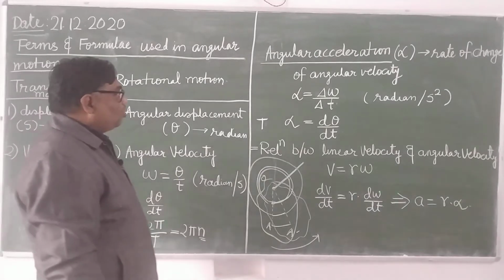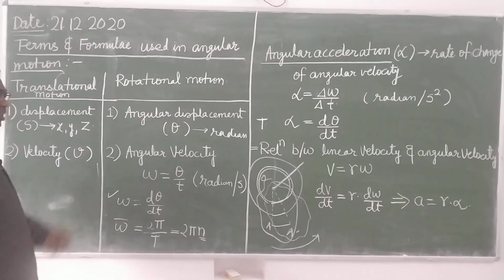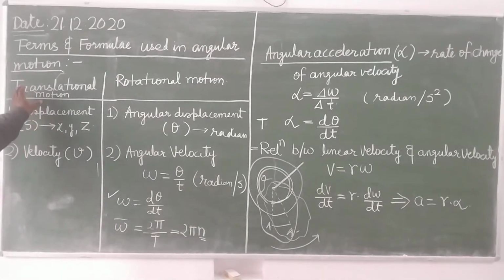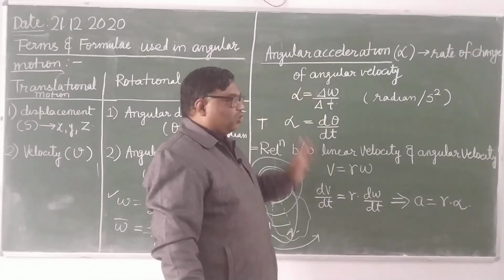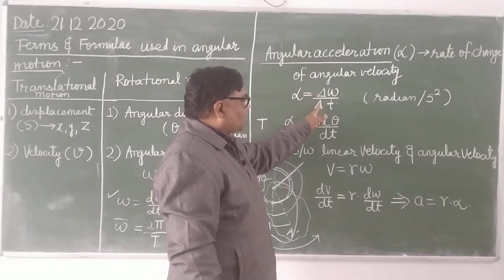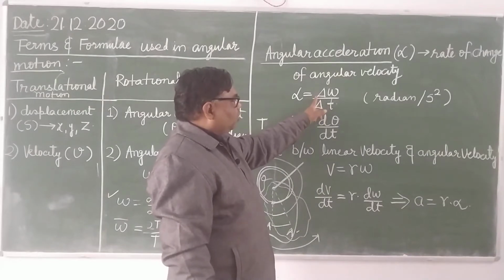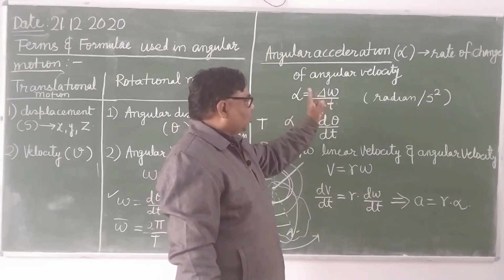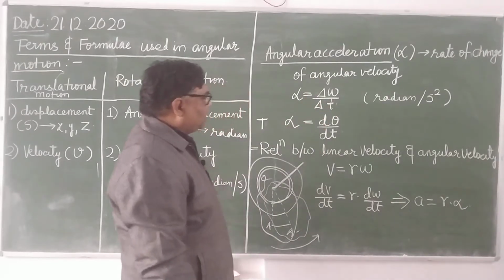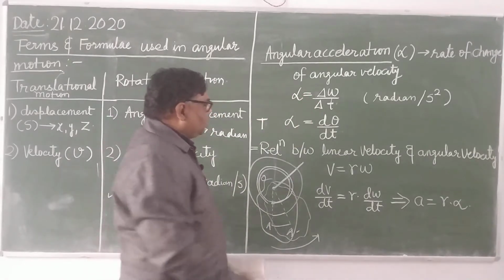Now there is one more term, angular acceleration. It is just like acceleration in translational motion, which is the rate of change of velocity. Here it is the rate of change of angular velocity. If the angular velocity of a body changes by delta omega in a given time interval delta t, we can write alpha equals delta omega upon delta t.